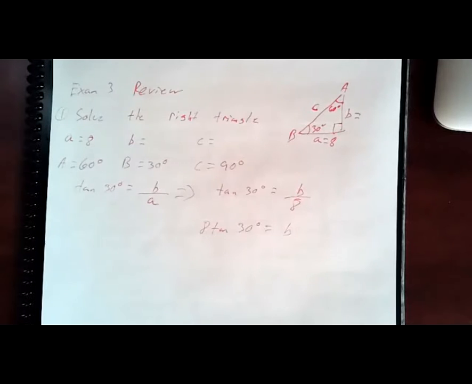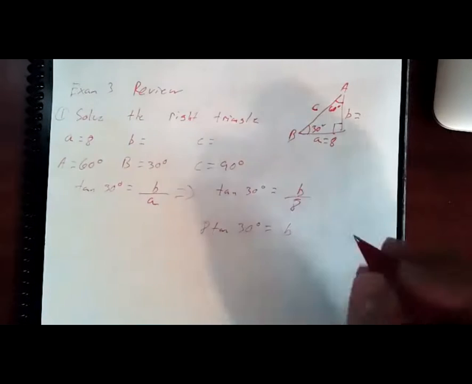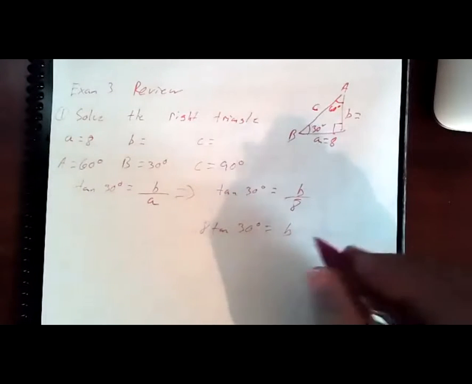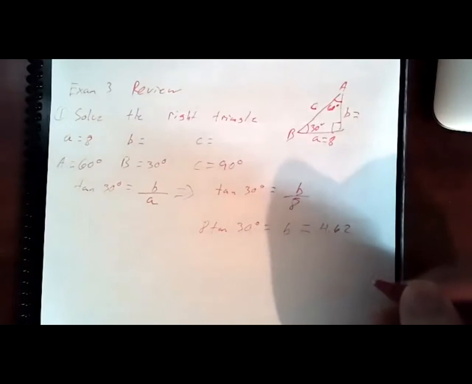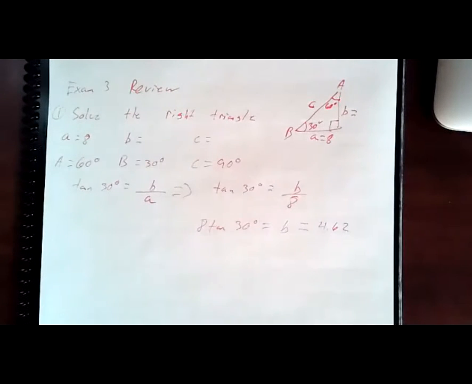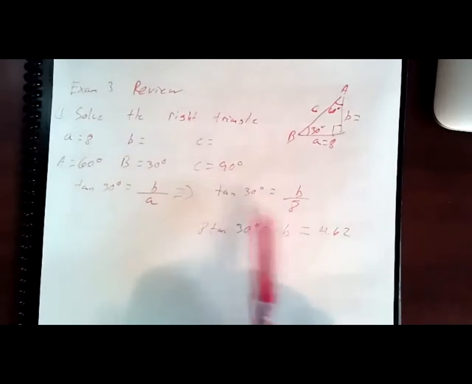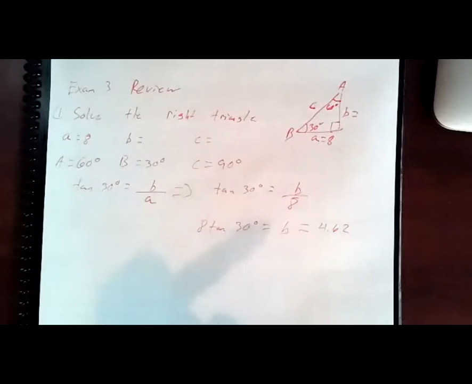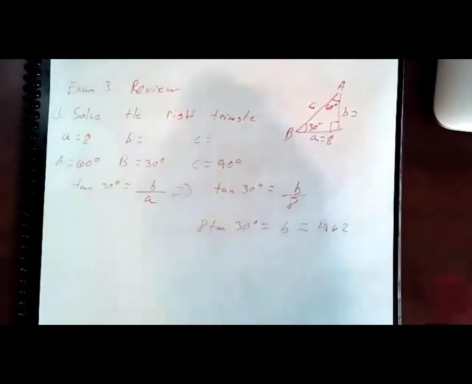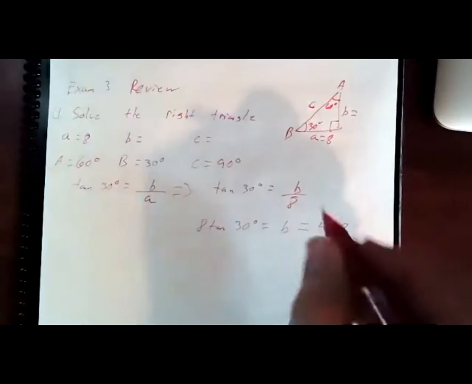Make sure you're in degrees, so that'll be 8 tan 30. So I got 4.62. It says round to 2 decimal places. You guys see how we got the 8 over? I skipped that step here. So we got b 4.62, sorry.